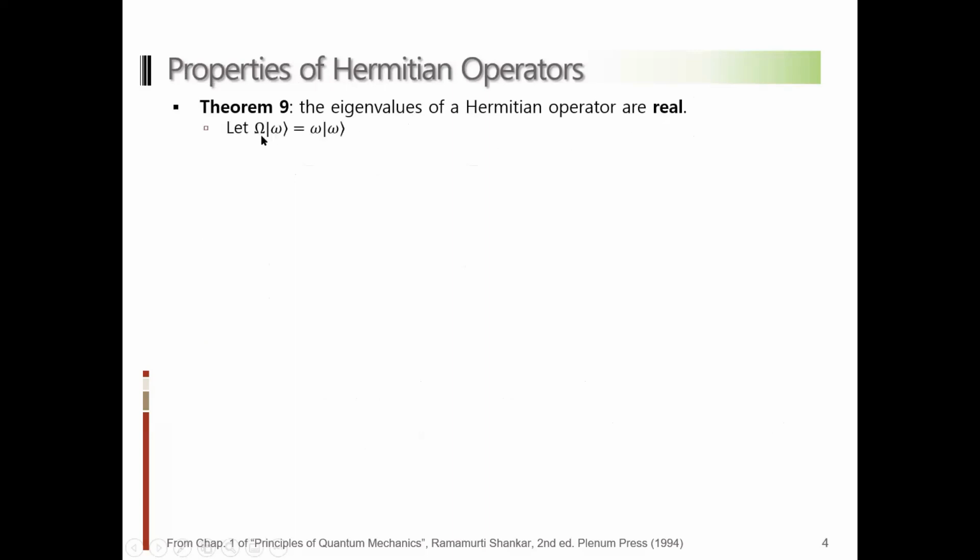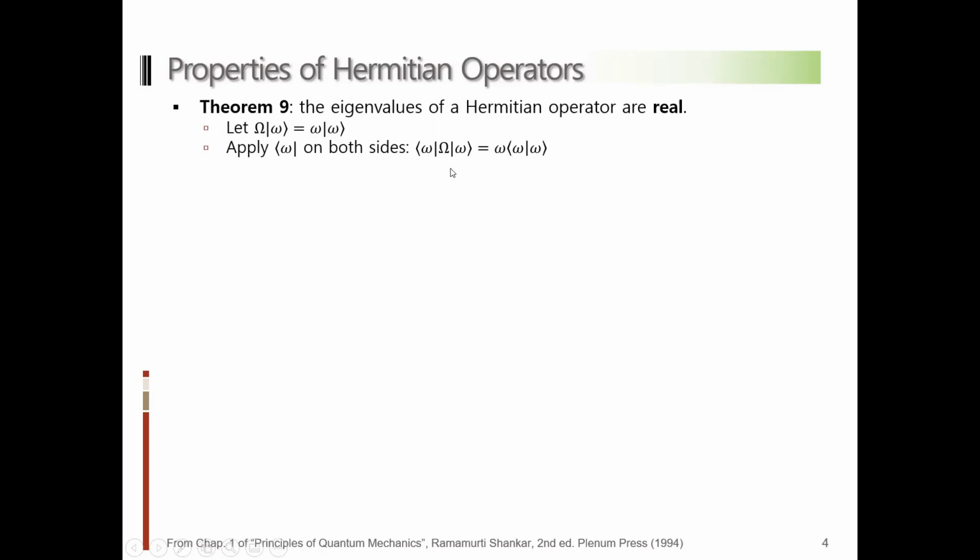Well, let's assume that omega is the Hermitian operator, and assume that we already found some eigenvector of this Hermitian operator, which we will call the omega vector, and the corresponding eigenvalue will also be noted with omega. Then what we can do is apply the same eigenvector from the left, and then this is just a very simple relation.